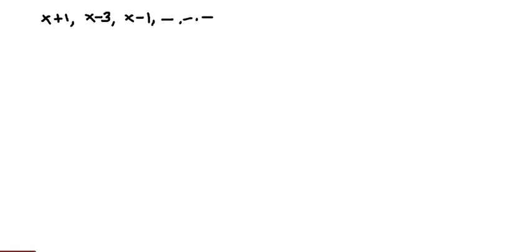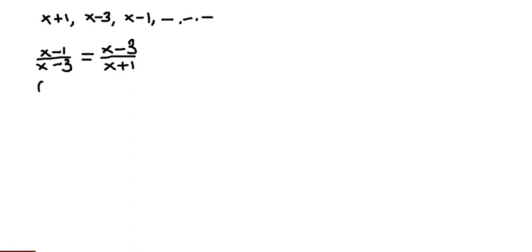When we divide the third term, x minus 1, by the second term, x minus 3, we get the common ratio r, which is also the same result if we divide the second term, x minus 3, by the first term, x plus 1. That gives us the same common ratio r.